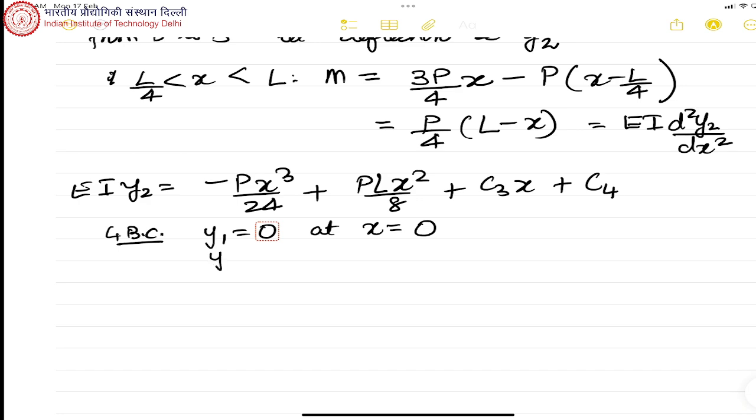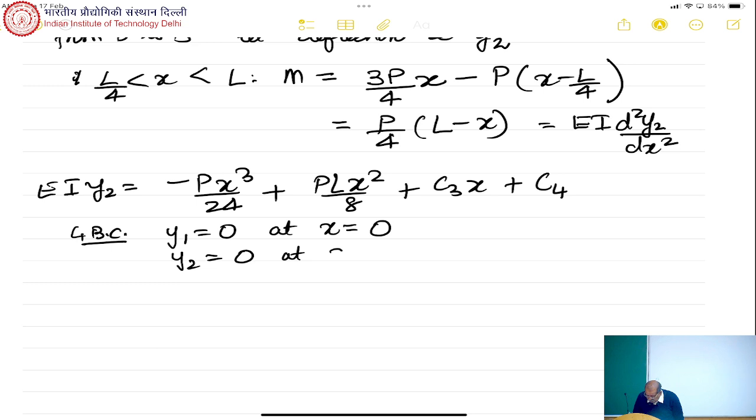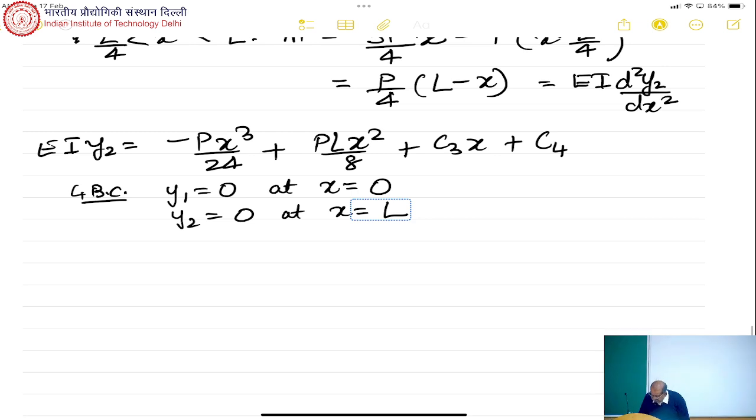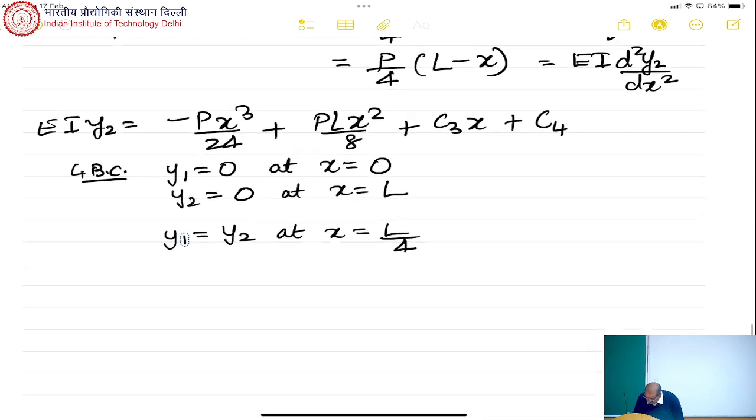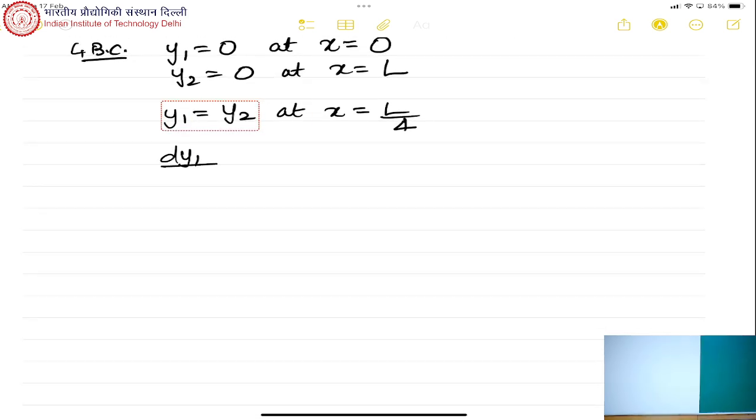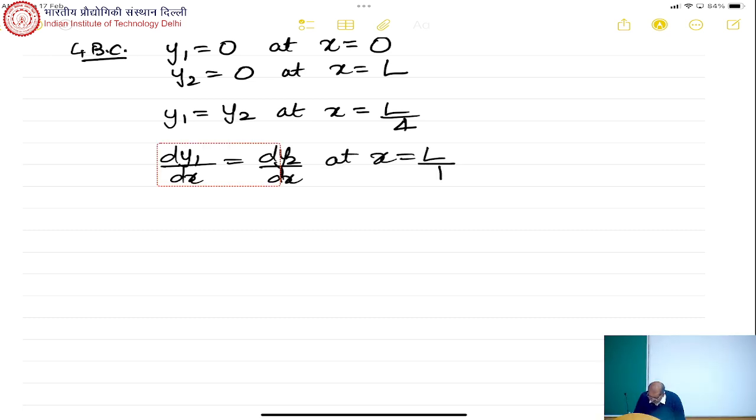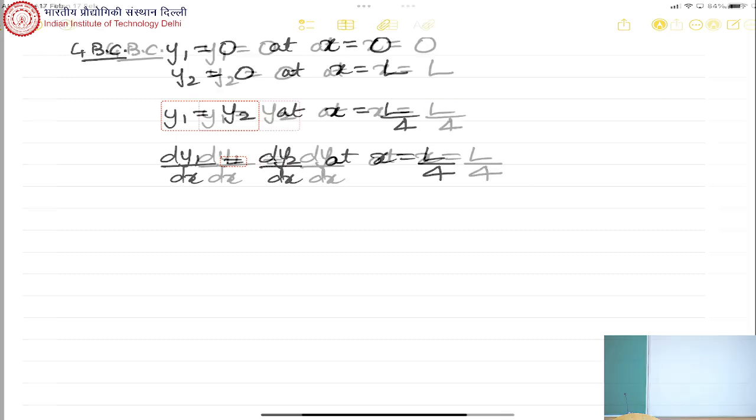Similarly, y2 is equal to 0 at x is equal to L. So these are the 4 boundary conditions, with which we can then get our answer.